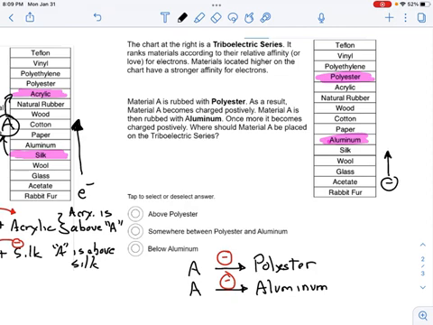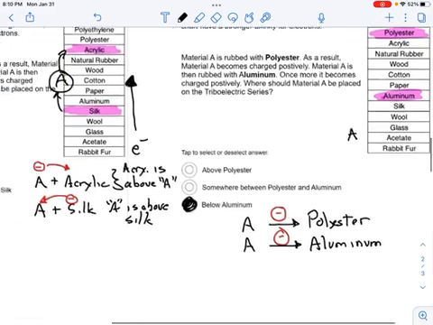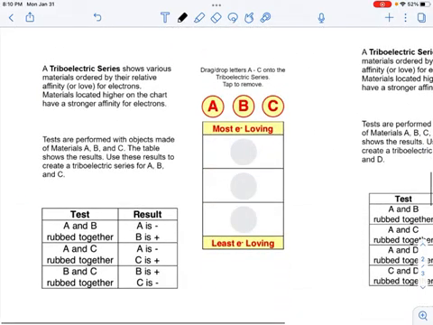So if electrons were given both to aluminum and polyester, then I would say that material A is somewhere down here, because it's always giving up electrons to those materials. So in this case, we have experiments that are being done, and we got to figure out how to organize our materials.